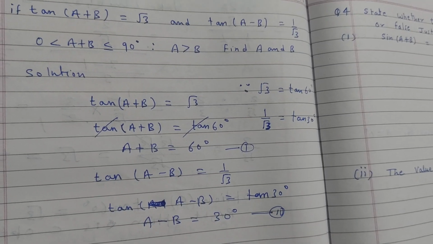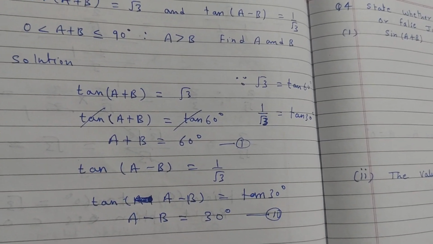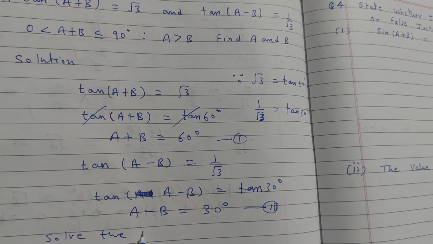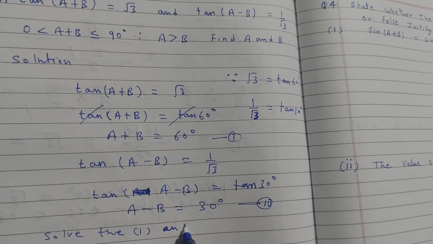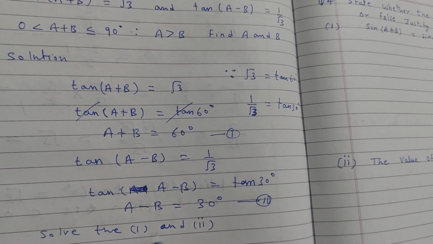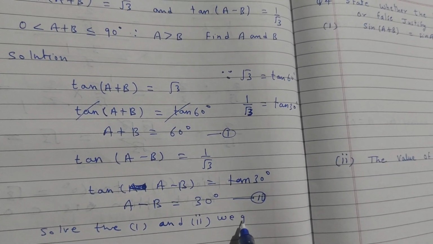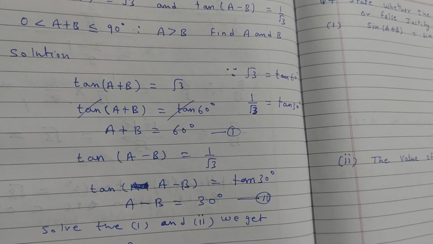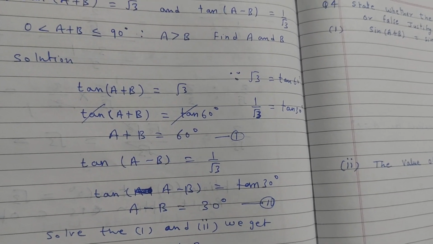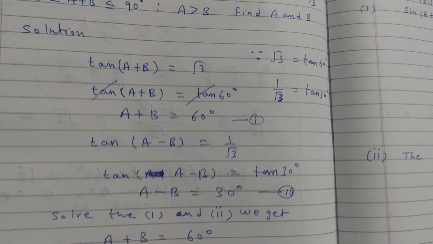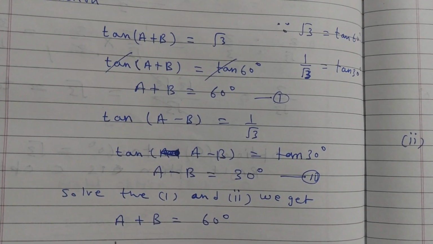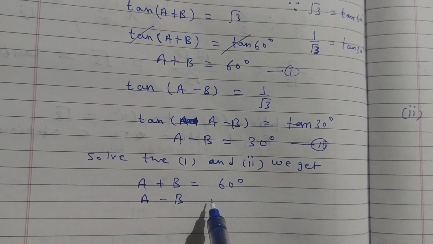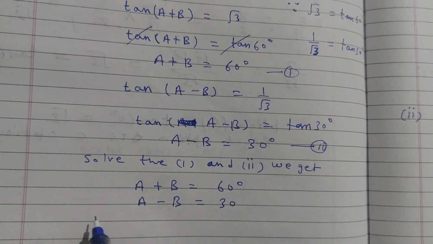This is the second equation. Solving the first and second equations, we get A+B is equal to 60 degrees and A−B is equal to 30 degrees.